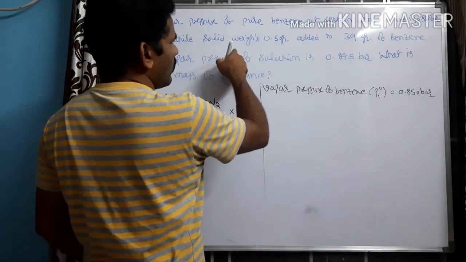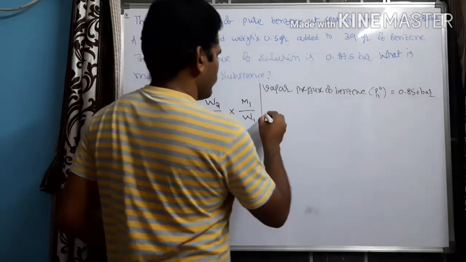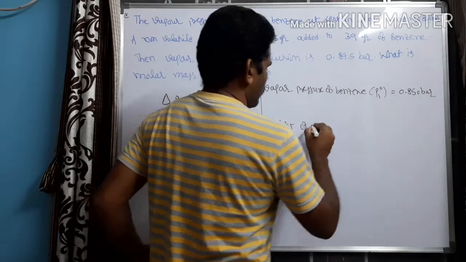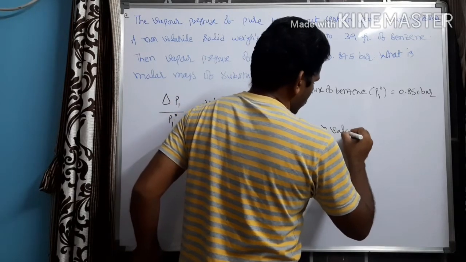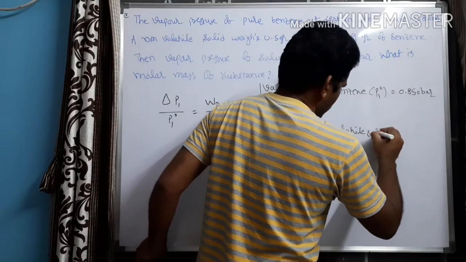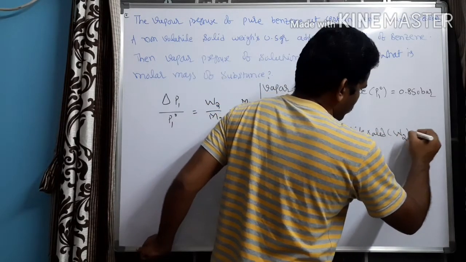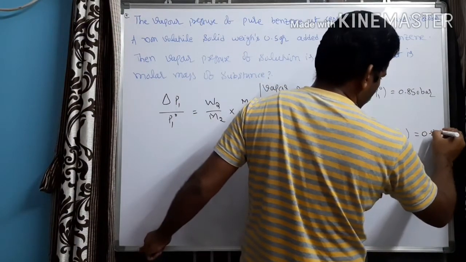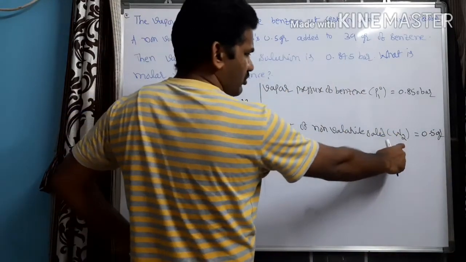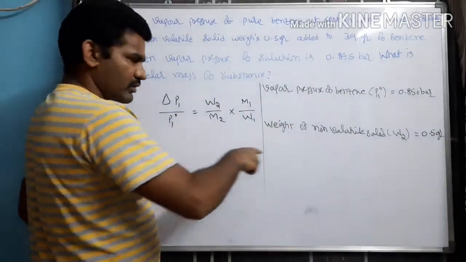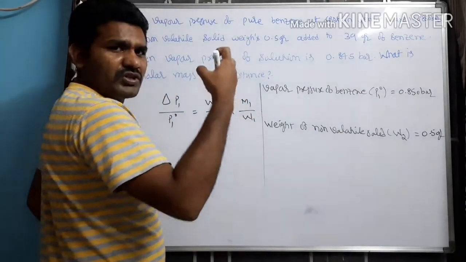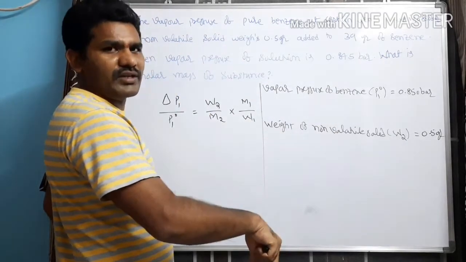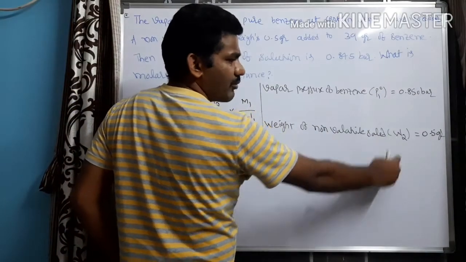The weight of the non-volatile solid, that is W2, is 0.50. Why are we taking it as W2? Because after the addition of this non-volatile solid, the vapor pressure decreases. When a non-volatile solute is added, the vapor pressure decreases. So we have to take it as W2.